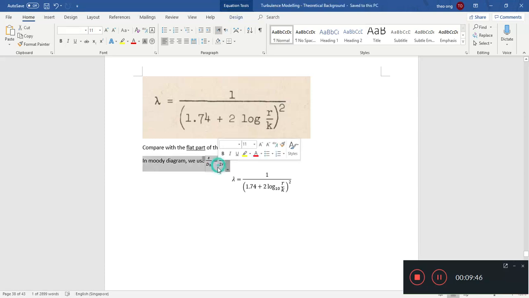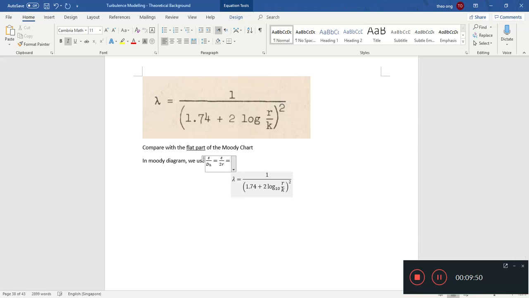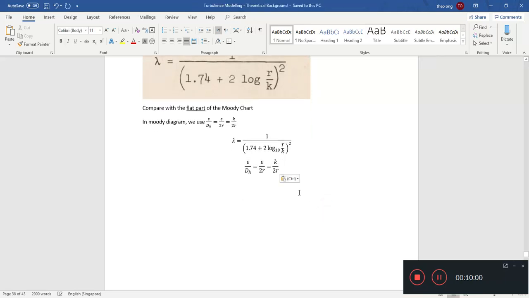So R by K, that is equal to K by 2R. I'm just taking this surface roughness here, and I'll put on the right here, this one equals the relative roughness.